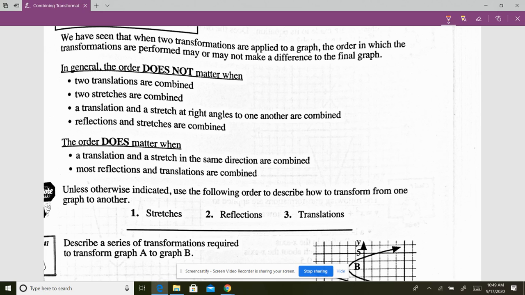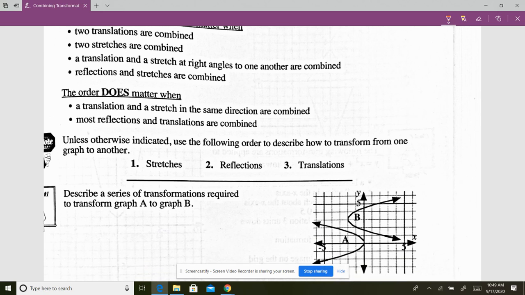You do your stretches, which are the vertical stretch, where you're multiplying by your A value, or horizontal stretch, where you're multiplying by your B value. Then you do your reflections, and then you do the translations, which are side to side. But the reality is, these first two can be done together, right? Because what does a reflection mean?